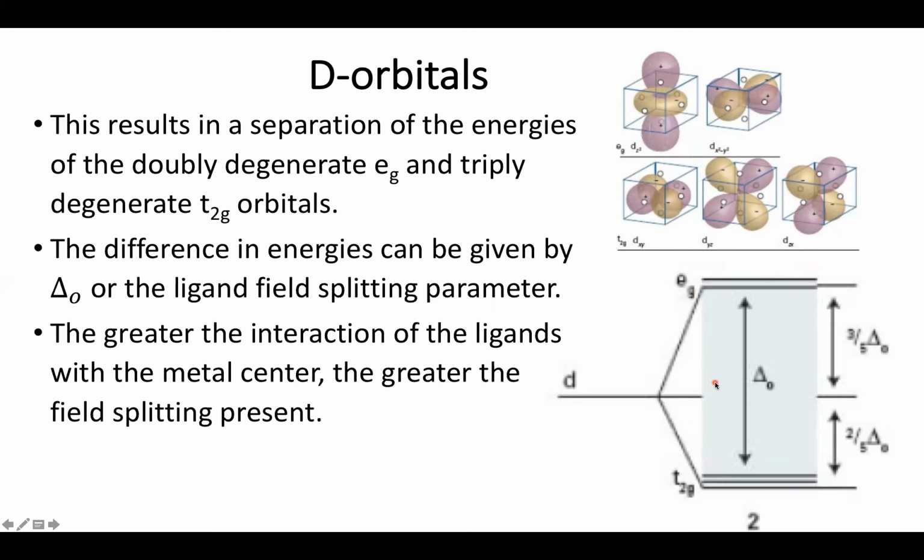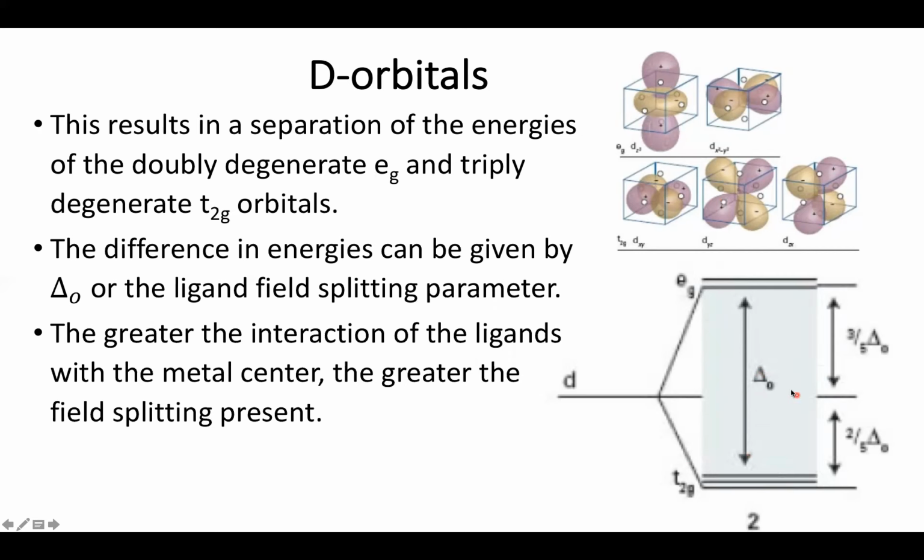So what we're going to tend to see is a greater ligand field splitting parameter for ligands that have a greater interaction energy. So these tend to be ligands with a lot of electron density and high metal interaction. So the more interaction the metal has with the ligand, the greater I should expect this field splitting parameter to be.